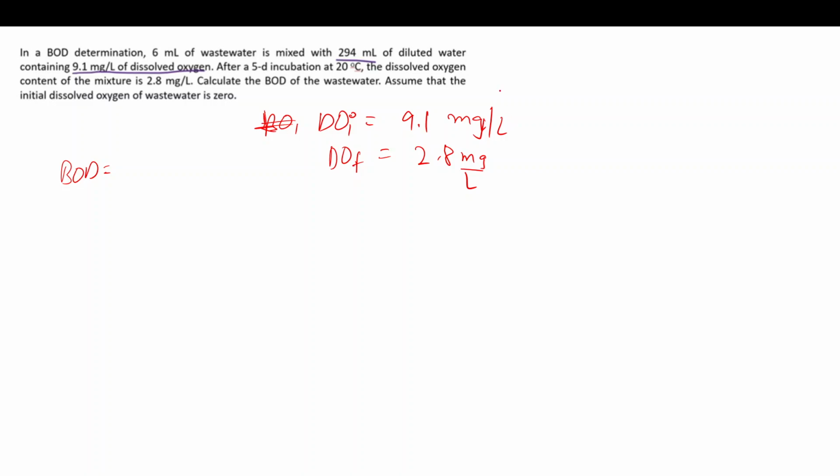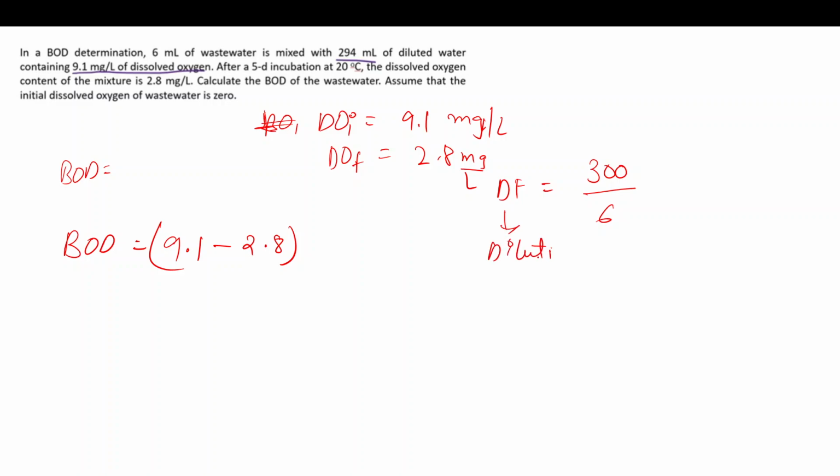Now it is only 6 ml of wastewater, rest is DI water, so it is basically diluted. So the oxygen demand here actually is 2.8, but you need to consider the dilution factor, right? So total here it is 300 ml produced, and you have only added 6 ml of wastewater, right? So this is nothing but known as dilution factor. It means how many times you have diluted the water.